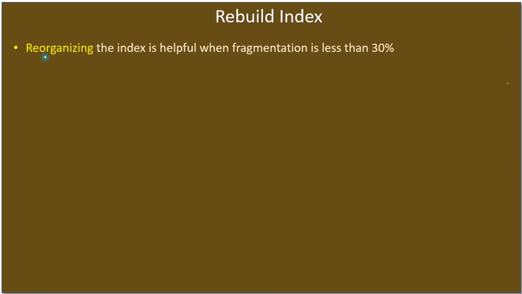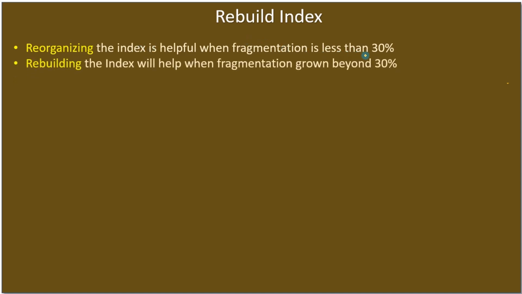So in the last video, we talked about reorganizing the index. Reorganizing the index is helpful when fragmentation is less than 30%. In some cases, even when the fragmentation is less than 30%, reorganizing the index may not work if the index is not highly fragmented in multiple pages.